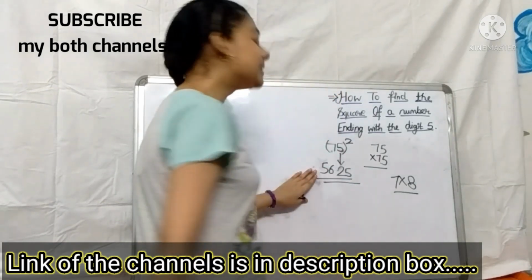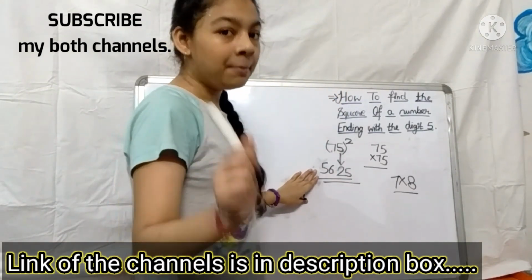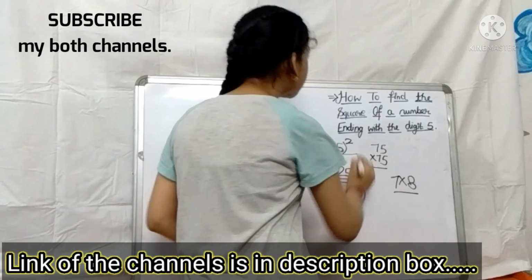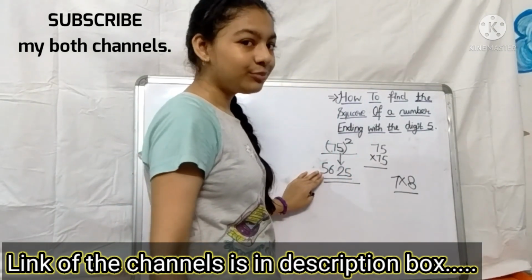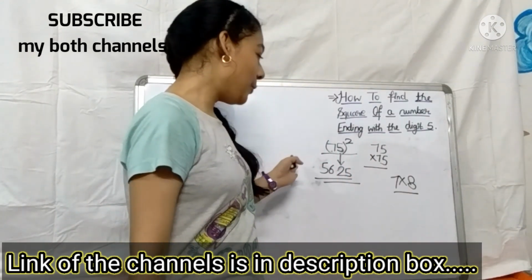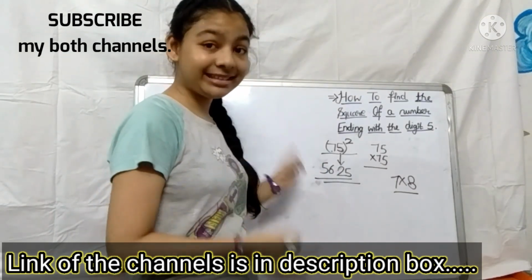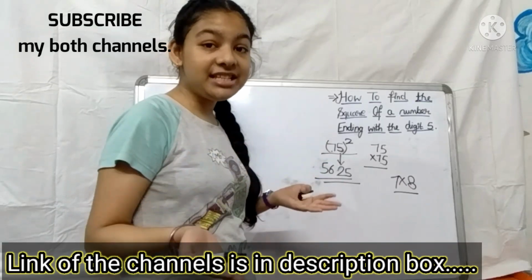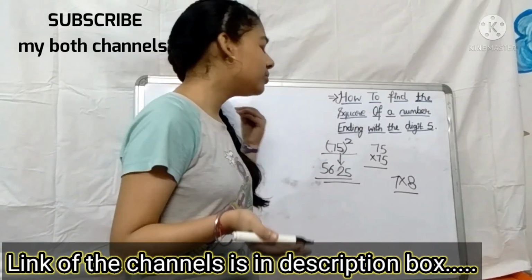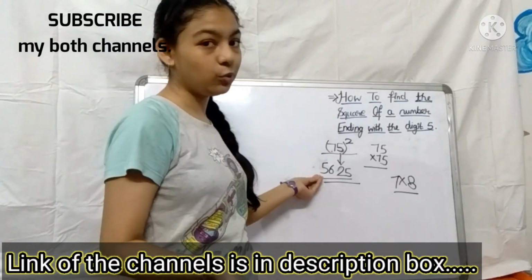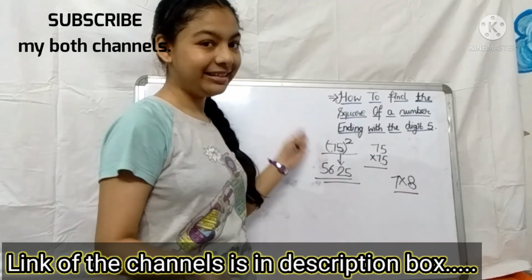So our answer is 5625, meaning the square of 75 is 5625. I hope you have understood, and you can see it's very easy, and within a few seconds we have found the answer of this square, right?